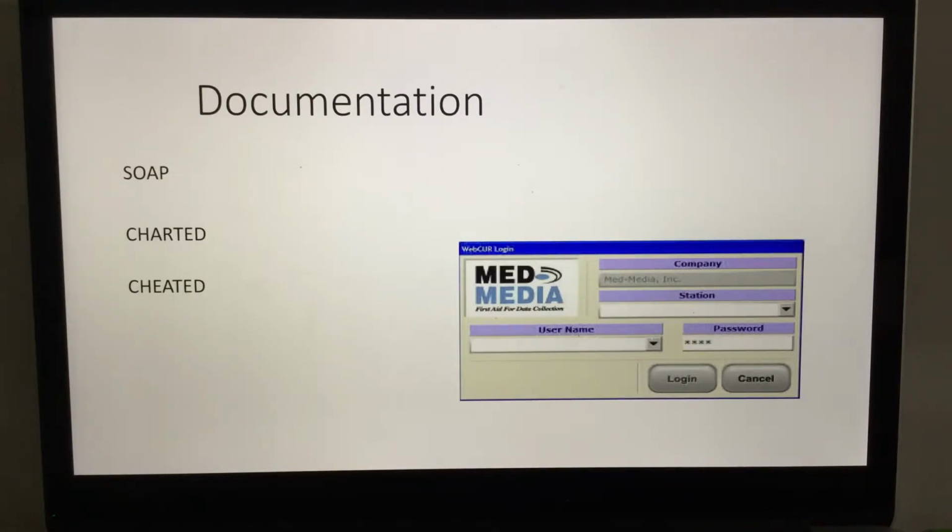When we are charting, during the portion of gathering information, we will know that there are certain areas of importance. Usually we gather demographics: names, addresses, phone numbers, birth dates, physicians or primary care providers' names.